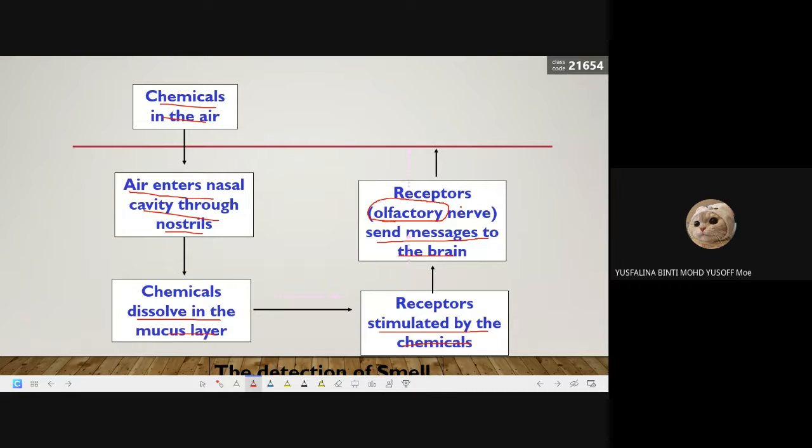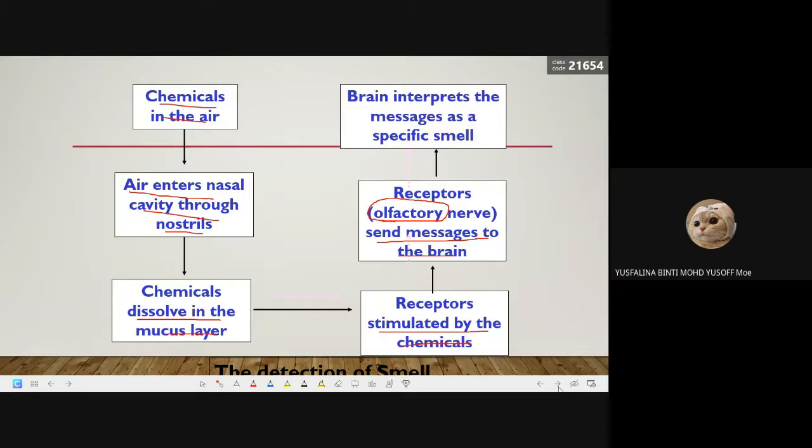For the ear, we call it the auditory nerve. That's the example. So the brain will interpret the message as a specific smell.